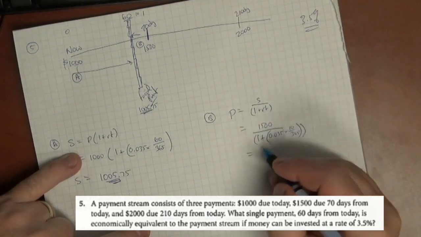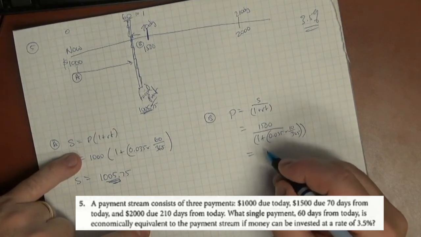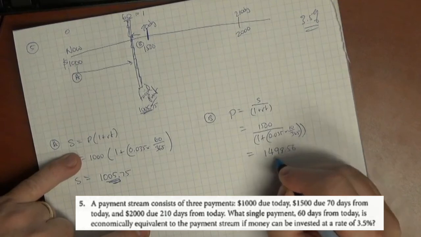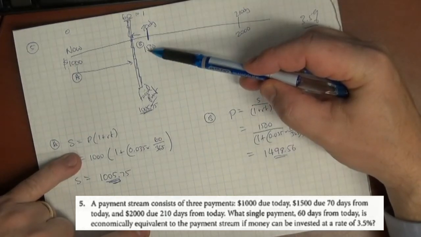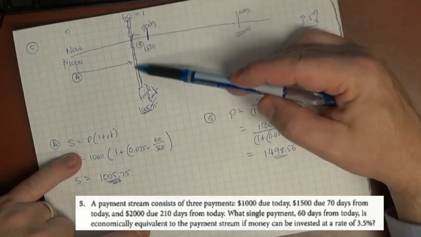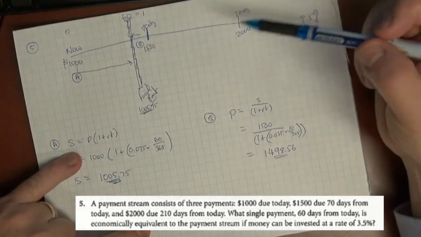If we plug that into our calculator, that will come out to $1,498.56. In other words, that $1,500 is worth $1,498.56 on day 60 because we discounted it back 10 days.